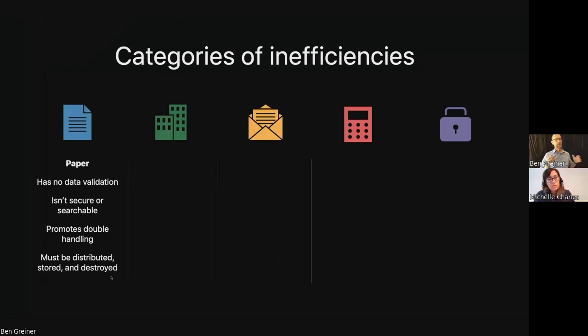So anytime you touch paper in your office, think about, could that be digitized, or could it never become paper in the first place? Just like my example of my notes. Oftentimes I have notes in my notes document on my Mac, accessible on my iPhone, accessible on my iPad.